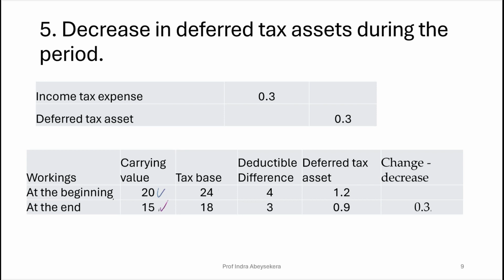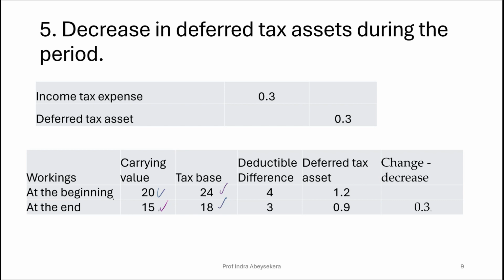But for the subsidiary, it bought it for $24,000, so at the beginning it was $24,000. And the depreciation was $6,000, therefore at the end the asset value is $18,000. Because the asset has been sold, the tax base has now increased compared to the carrying value.